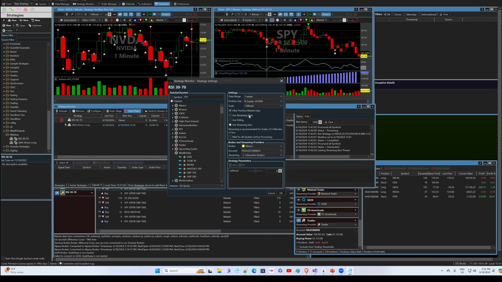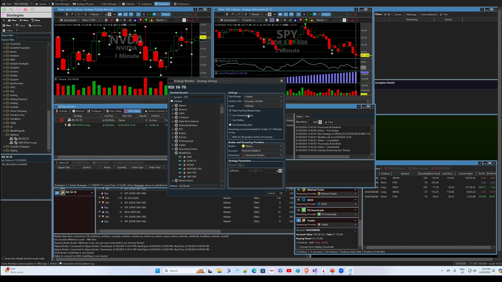Now, the difference between streaming bars and streaming data: remember what I was saying about the conflated data that some of the brokers provide. Streaming bars doesn't have that problem because the broker is actually pushing bars, at perhaps 1 minute intervals or 5 second intervals, but we're getting all the trade data in those bars.